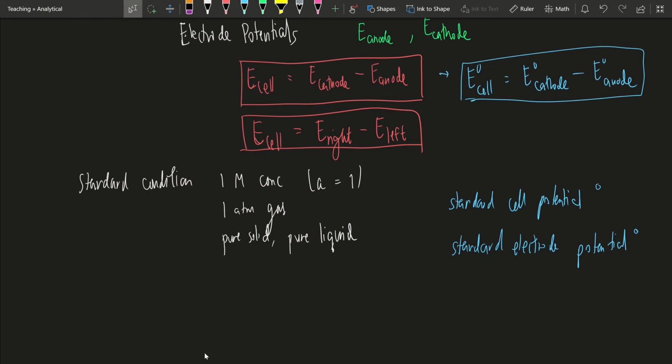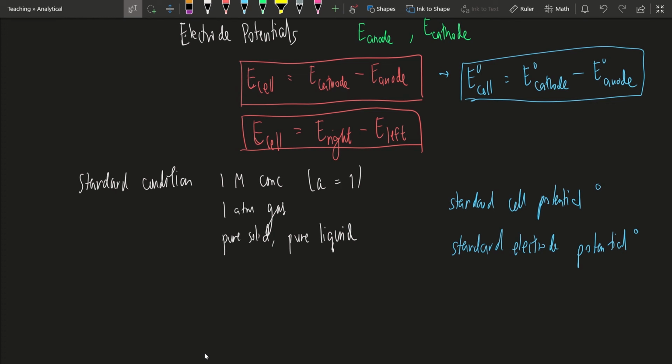So we already talked about the cell and electrode potentials, but what do these numbers mean? The physical meaning of this number is the difference in the ability that each half cell wants to give electrons or wants to receive electrons.